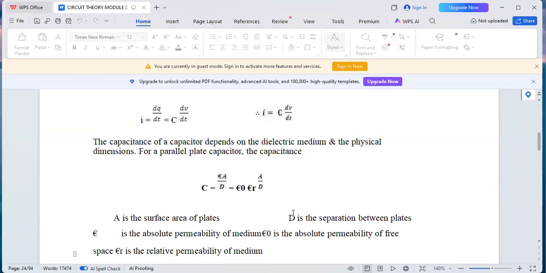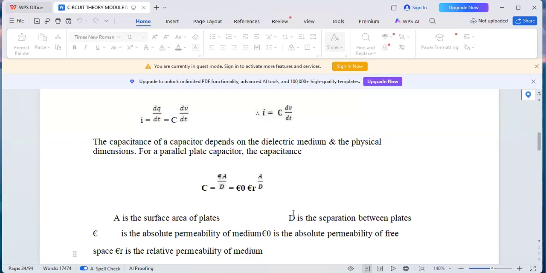So you say epsilon is the absolute permittivity of a medium, any medium at all. Then epsilon naught is the absolute permittivity of free space. Please note the difference. Epsilon is the absolute permittivity of any medium at all.